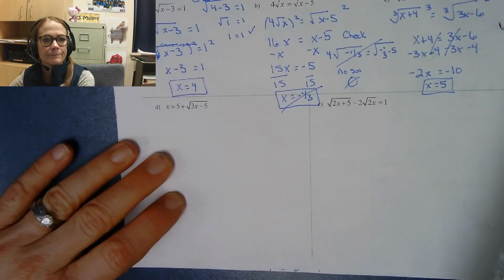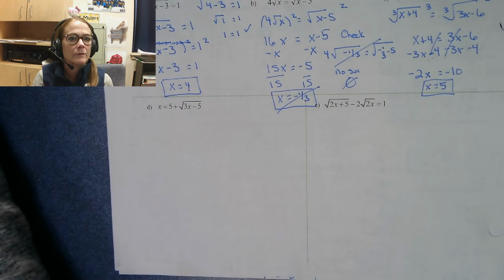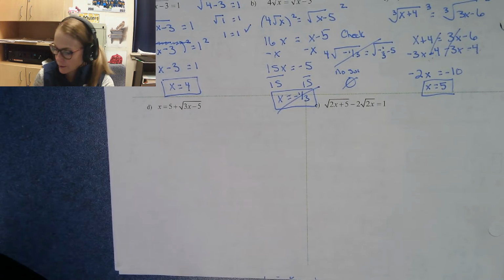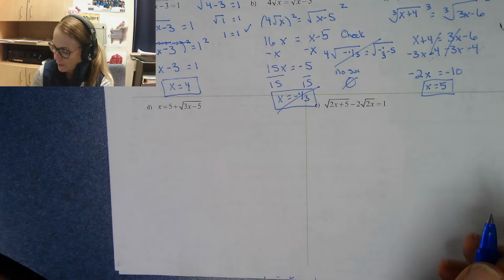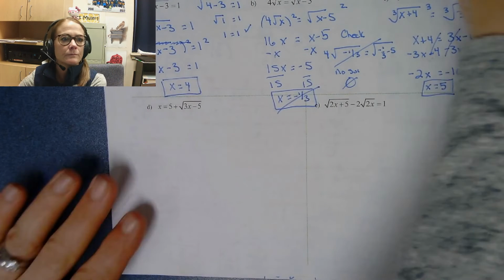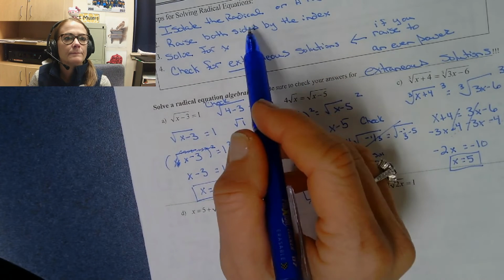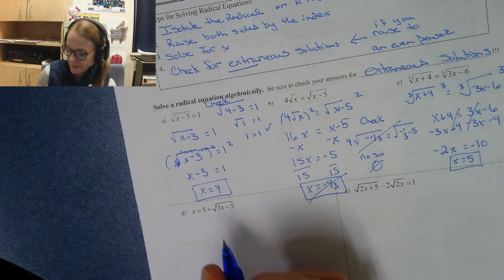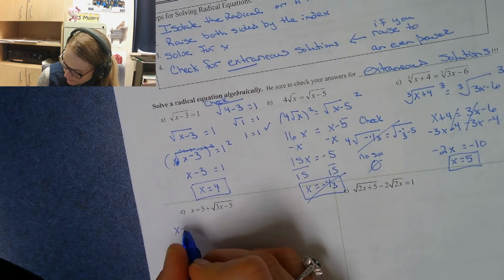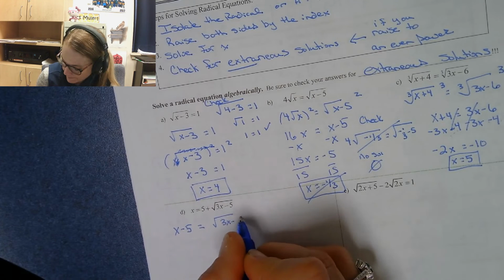All right, so onward and upward to the D and E, which are a little more difficult. Isolate the radical. I just want this radical by itself, so I'm going to move this over. That's called isolating the radical.